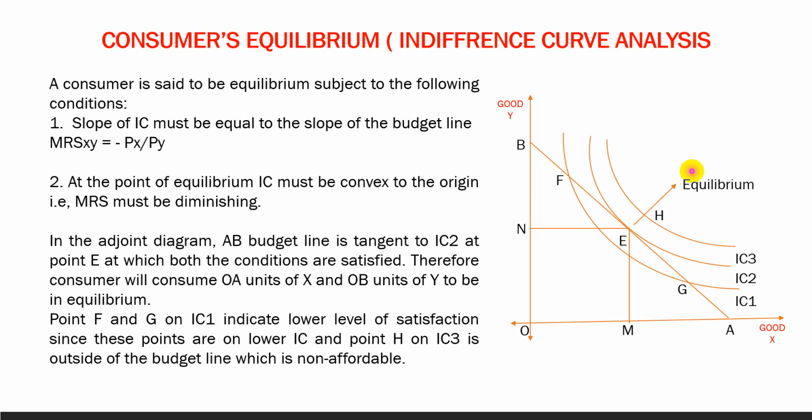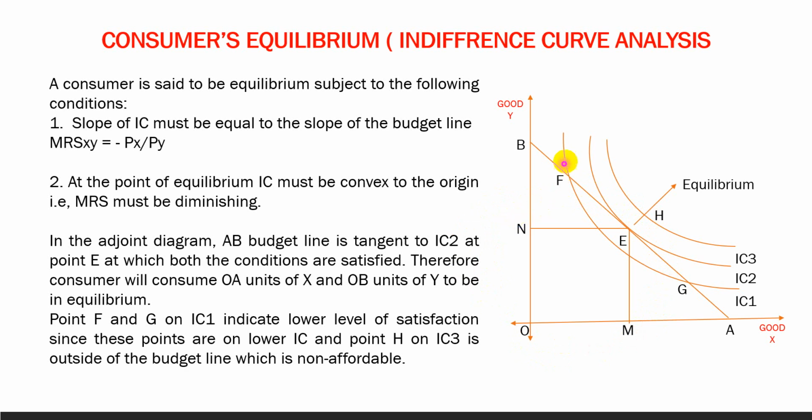So this is equilibrium, and to be in equilibrium, the consumer will buy ON amount of good Y and OM amount of good X. This is the equilibrium level of consumption according to indifference curve analysis.